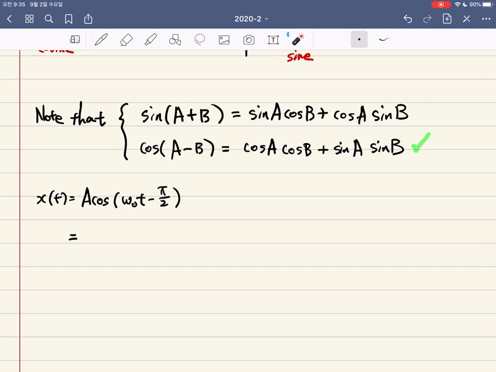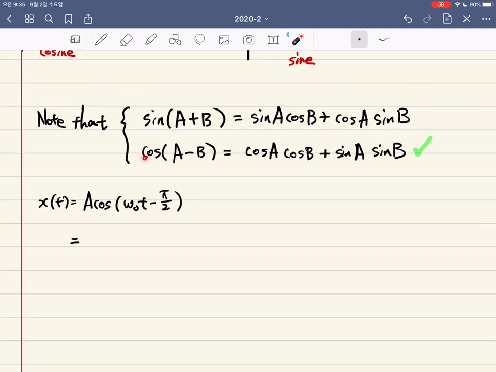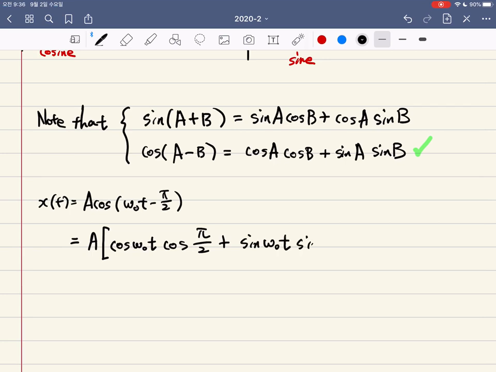So if you put this equation into this one, then cosine omega 0 t times cosine of pi over 2 plus sine omega 0 t times sine of pi over 2, excuse me.